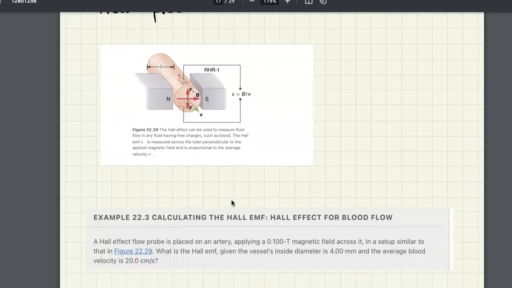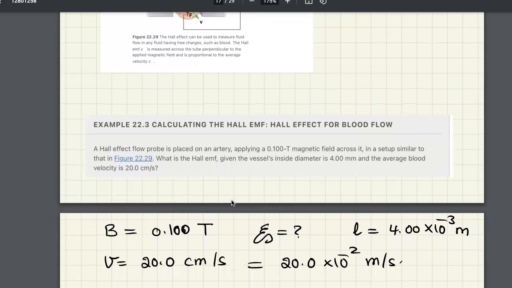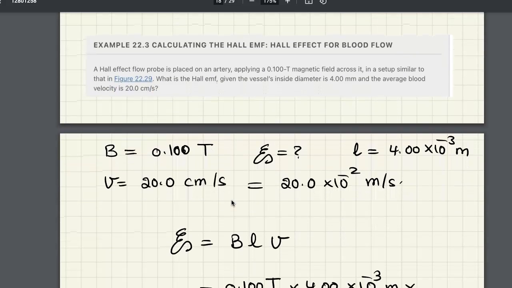I'm going to show you an example. A Hall effect flow probe is placed on an artery, applying a 0.1 Tesla magnetic field across it in a setup similar to what we were talking about. What is the Hall EMF, given that the vessel's inside diameter is 4 millimeters and the average blood velocity is 20 centimeters per second?